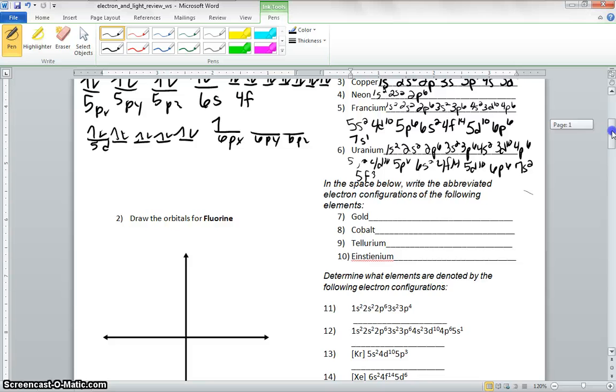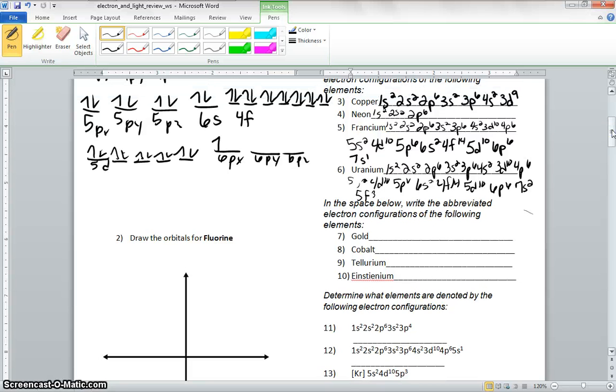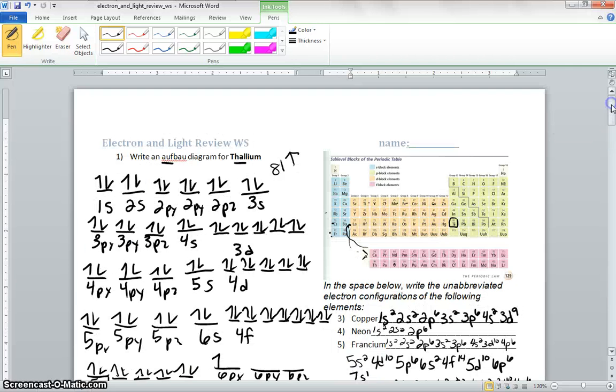Next one, it says write the abbreviated electron configuration for the elements below. So we do have gold. Gold is Au, right? Yep, 79. So then we can look at our periodic table here. So we have gold right here. So what we do for the abbreviated is we go back to the noble gas that's before it.